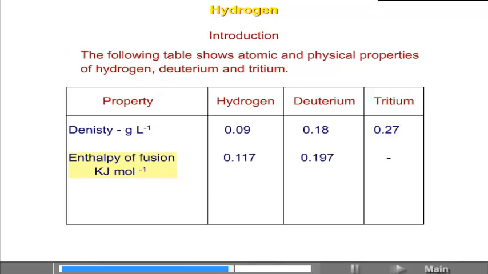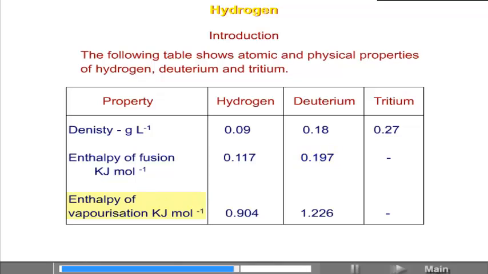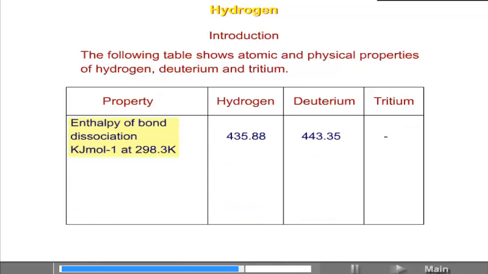Enthalpy of fusion in kilojoules per mole: 0.117, 0.197. Enthalpy of vaporization in kilojoules per mole: 0.904, 1.226. Enthalpy of bond dissociation in kilojoules per mole at 298.3 Kelvin.